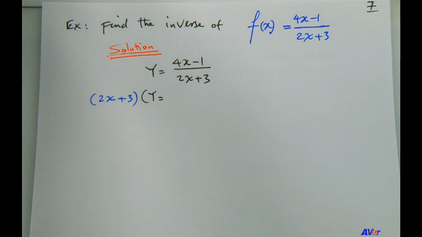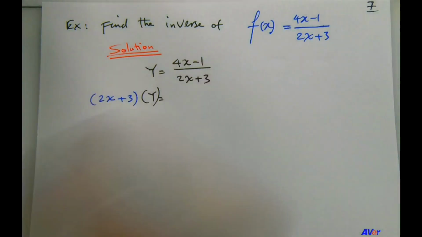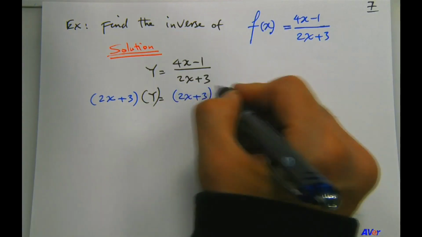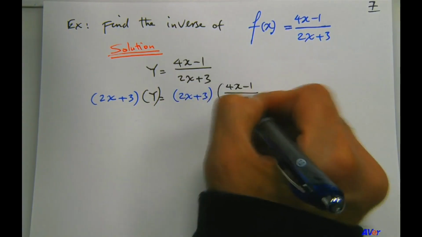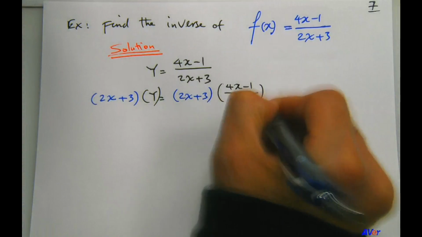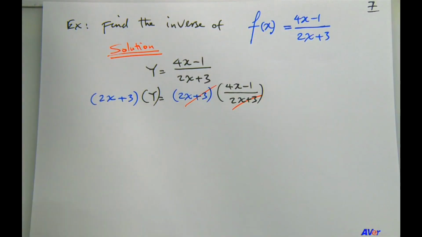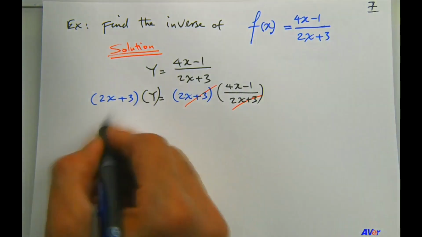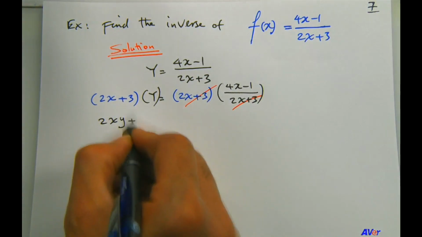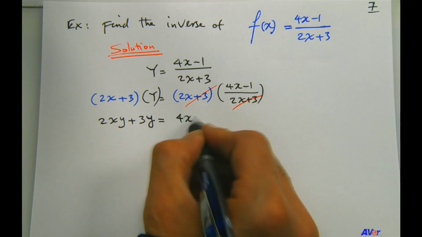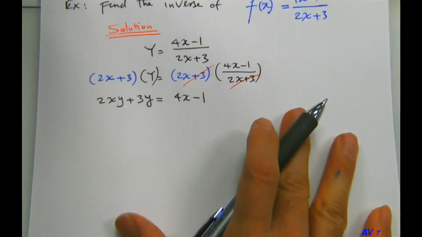And then, on this side, the 2x plus 3 cancel each other out. On the left, we have 2xy plus 3 times y equals 4x minus 1. So we're still solving for x, right?